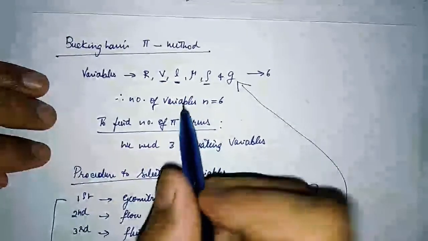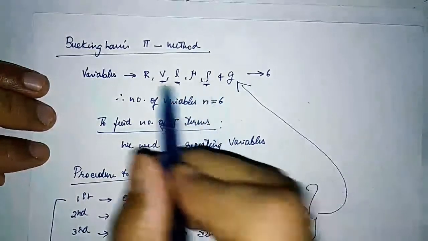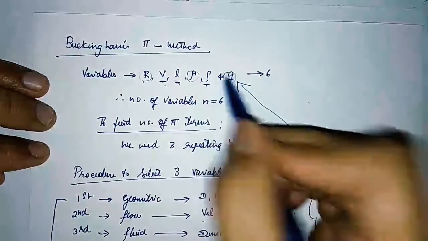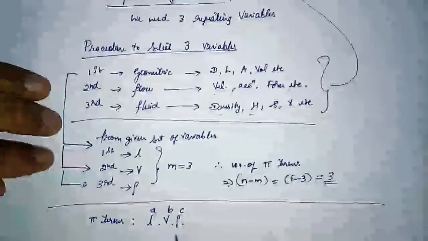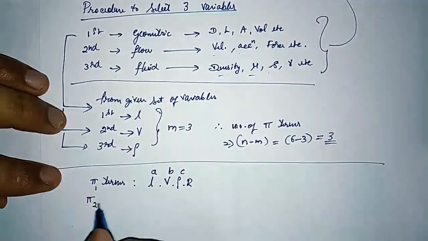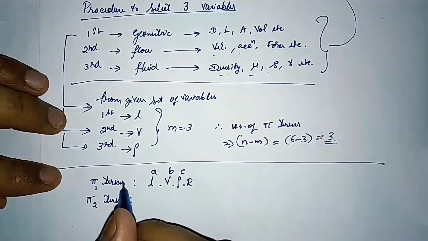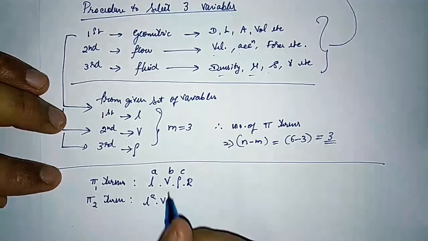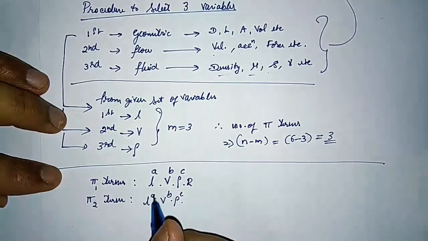Now these 3 variables are selected from the given set of variables. What are the remaining variables? One is R, second is mu, and third one is g. Now you select any one from this set. So R is selected for the first pi term. Next, the pi 2 term: again all the 3 variables will be written as they are, L, V and ρ.